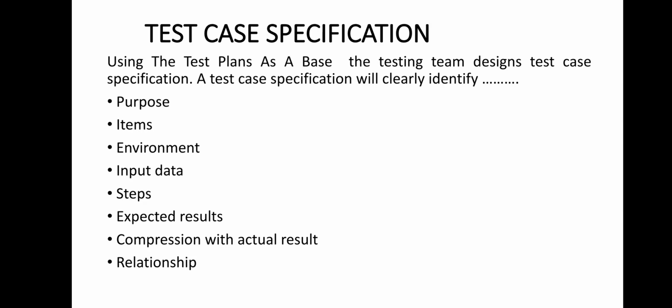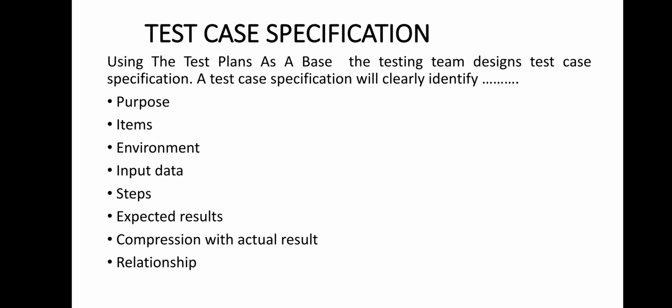Okay, so next step is we have to make the steps, that is, what steps will be followed to execute the test. After that, we have to prepare a list of the expected results, which are considered to be correct results. These are not the actual results; these are the expected results. Okay.